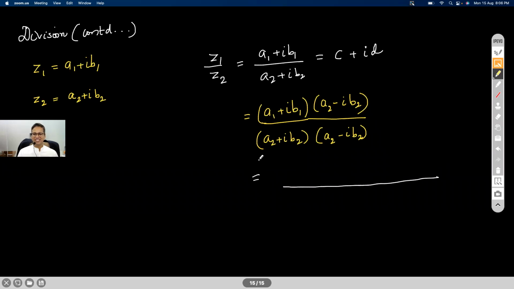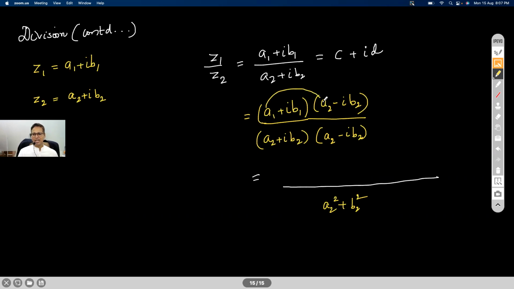Who will tell me? z into z conjugate is what? Look at one of the properties which I gave you. z into z conjugate is mod z square, right? So what is mod z square here? a2 square plus b2 square. Correct? And what will happen on the numerator?